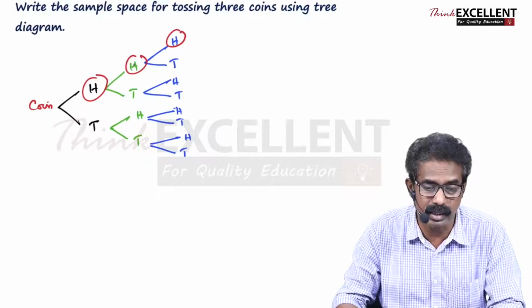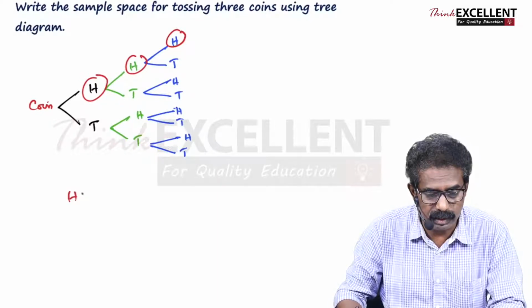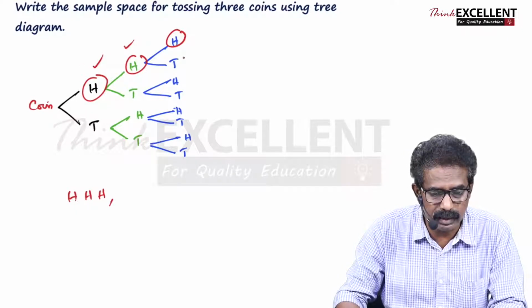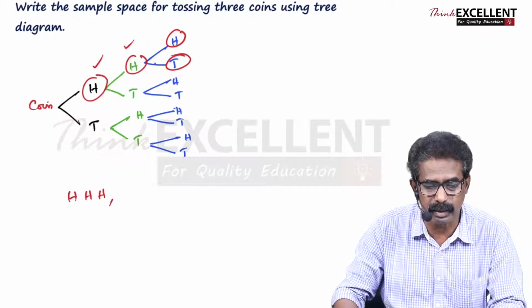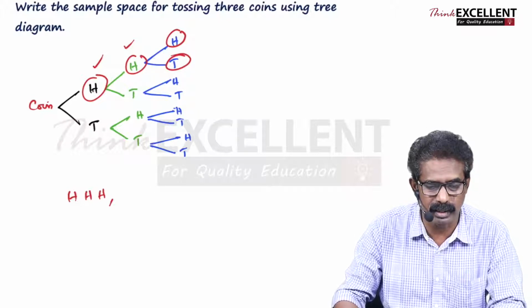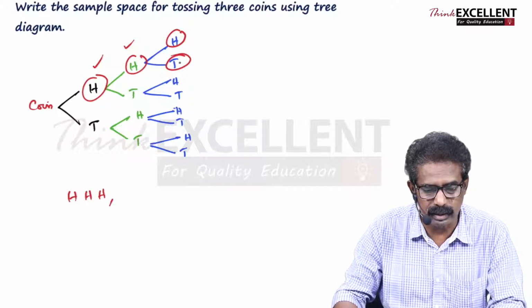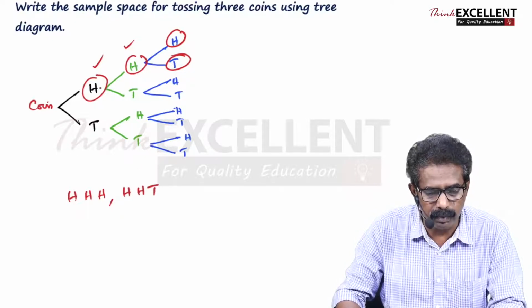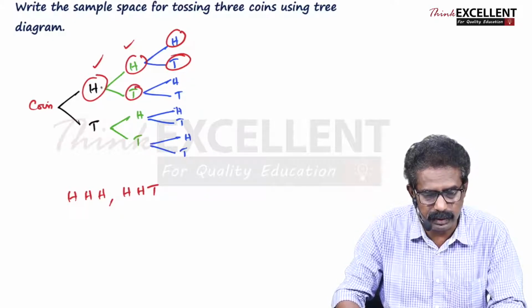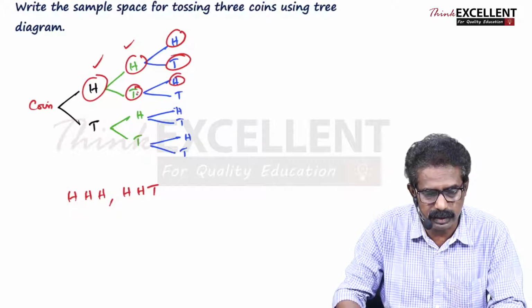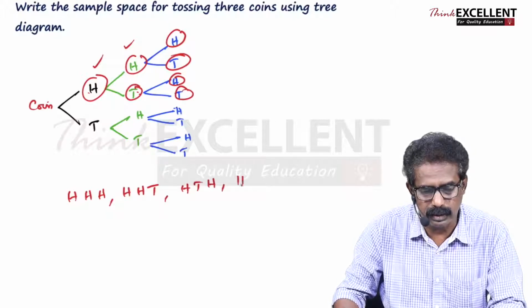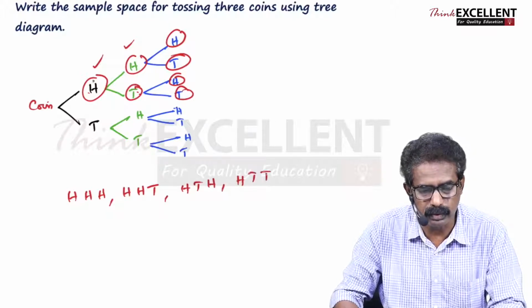So first one is H, H, H. Second one is head, head, tail, H, H, T, because here there are 2 branches, right? Now here from head you go here, right? H, T, H. H, T, T. That's all about from H.